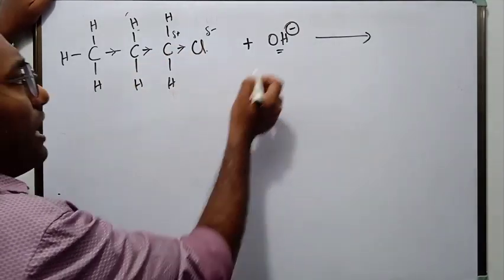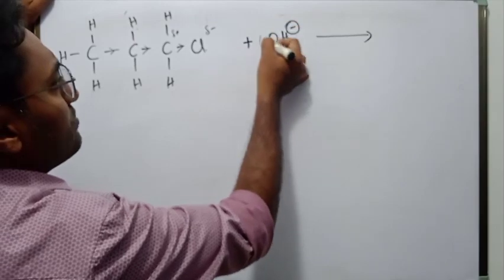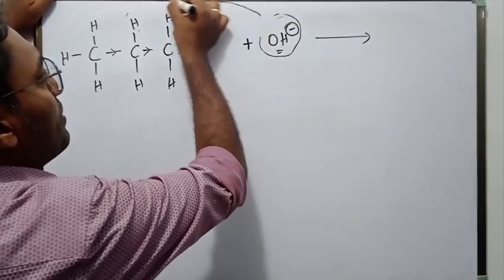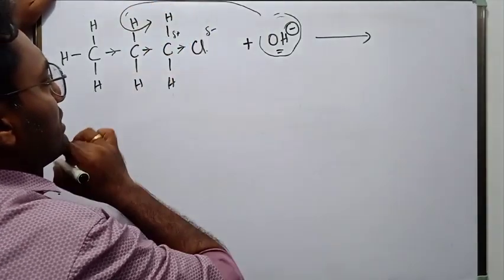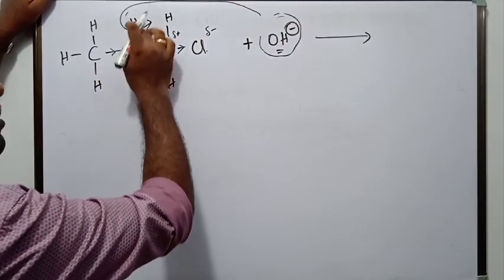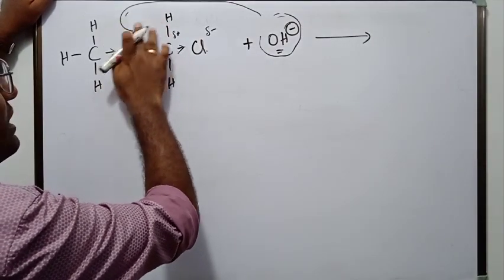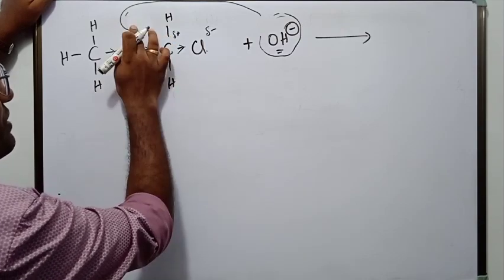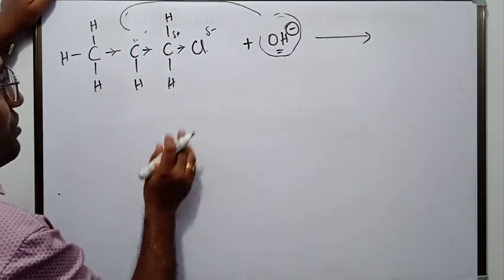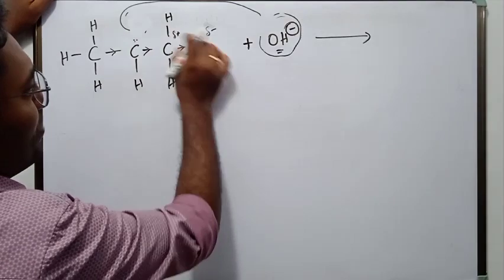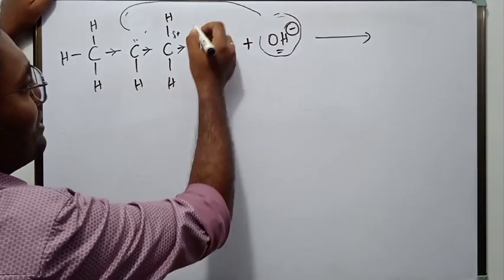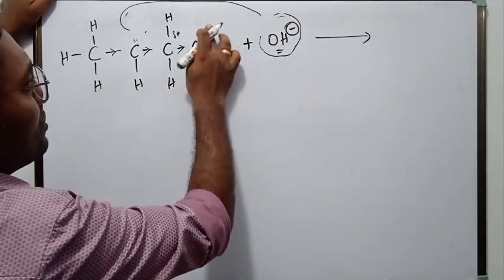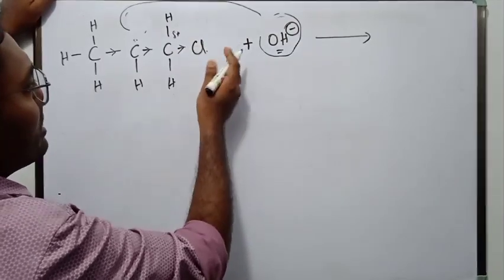In addition, to add fuel to the fire, OH minus knocks out a proton from this side. When it knocks out a proton, this carbon is left with a pair of electrons. This electron pair is also getting pumped now towards chlorine. This can happen simultaneously.